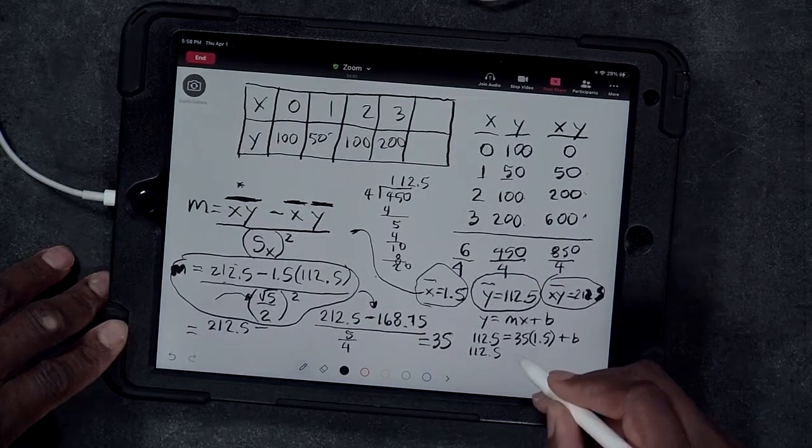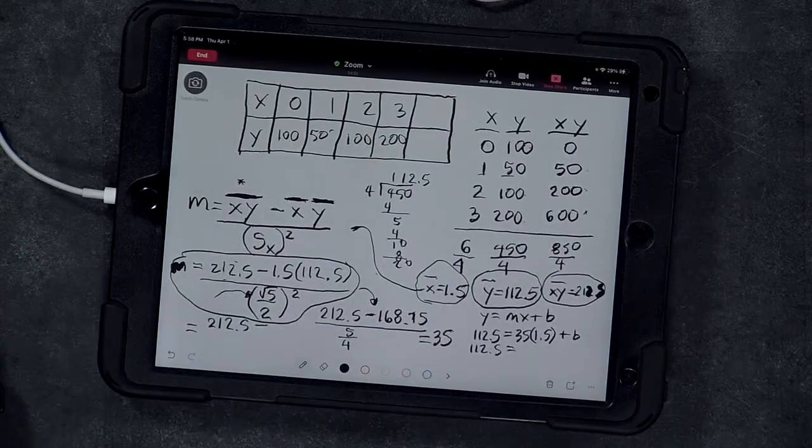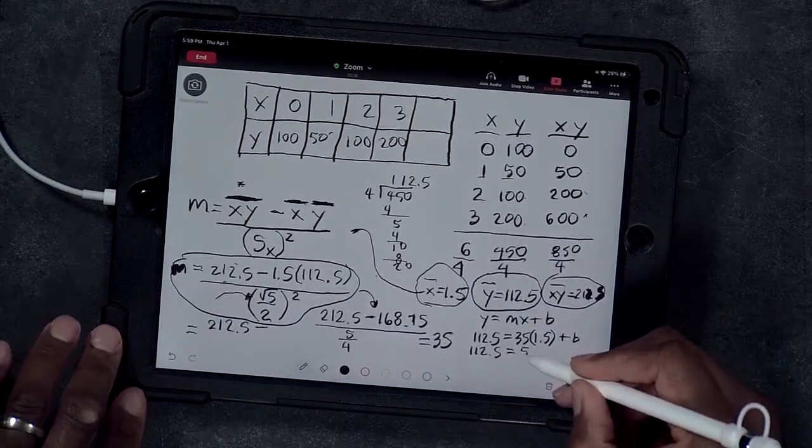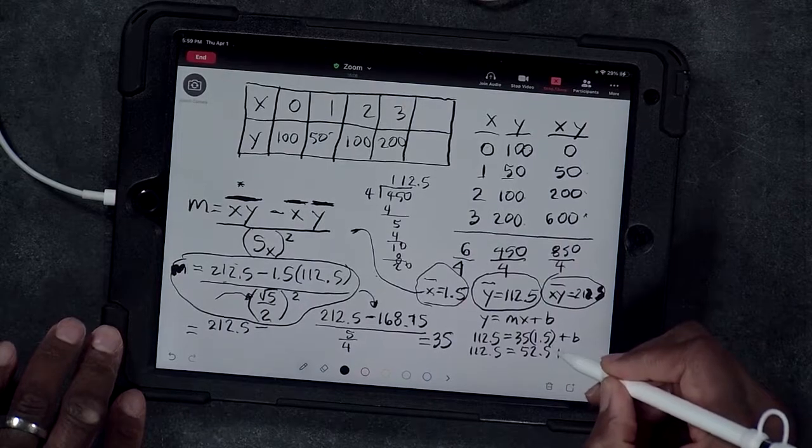You end up with 112.5 is equal to, let's put this into our calculator here. All right, so we get 35 times 1.5. I got 52.5 plus the y-intercept.